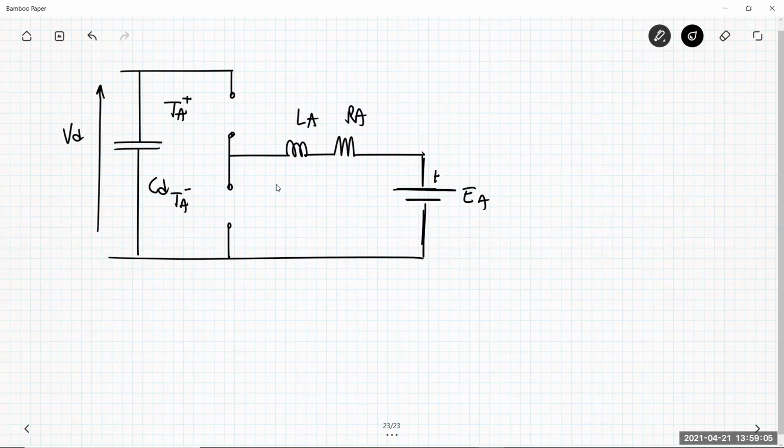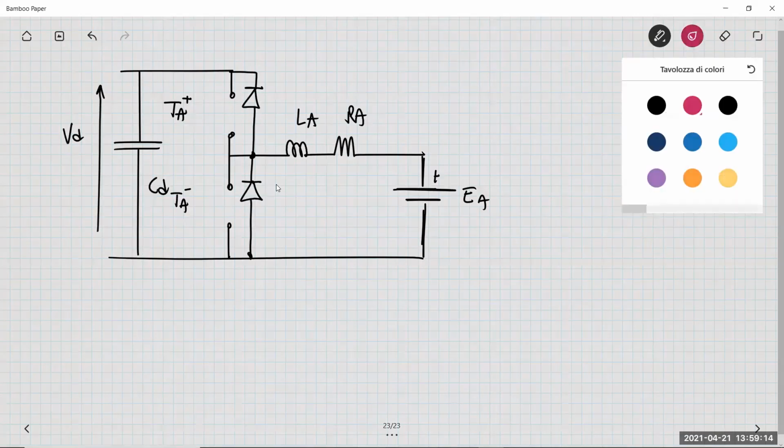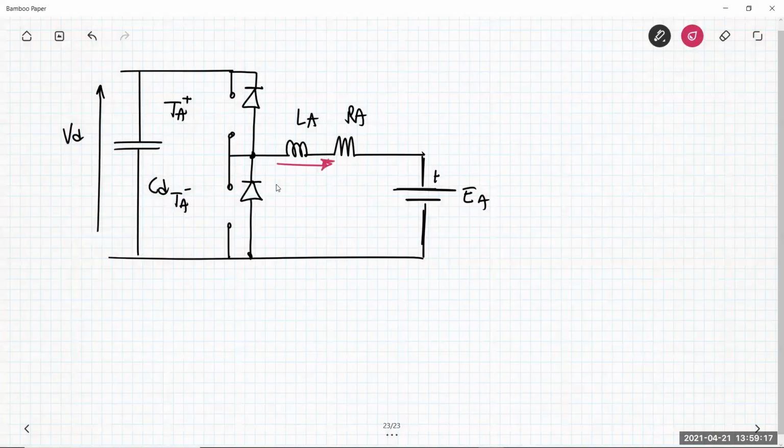And then remember that I have the diode here. The current is positive. So the current, which is positive here, is conducted by which devices? We have DA plus, we have DA minus. The only device that can conduct this current is the diode DA minus. So the current flows in this direction. So DA minus becomes on.